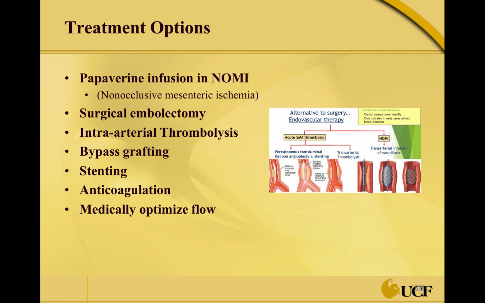In terms of treatment options, again, it depends on the etiology of the ischemia. For non-occlusive mesenteric ischemia, we have the infusion of papaverine. Papaverine is a smooth muscle relaxant that has been available for over 60 years, and it was marketed initially for the relief of cerebral and peripheral ischemia conditions secondary to arterial spasm.